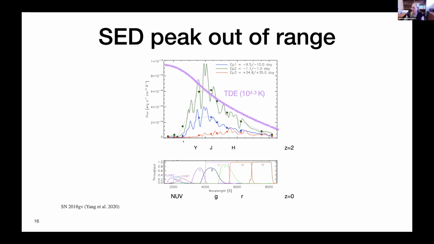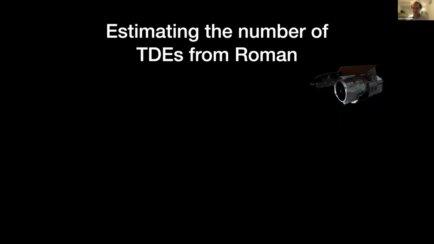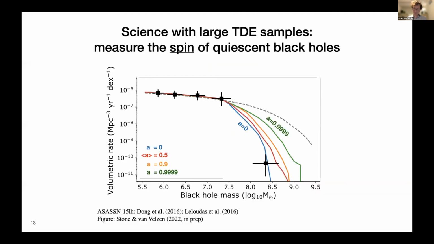We have one from Kishle on Slack that says, hi. For the plot showing volumetric rate against black hole masses for different spins, does that assume all TDEs come from black holes with the same spin? I think those predictions are from monochromatic spin distributions in order to make that plot. Yes. So you can make these predictions also for a mixed spin, and then you get something different.